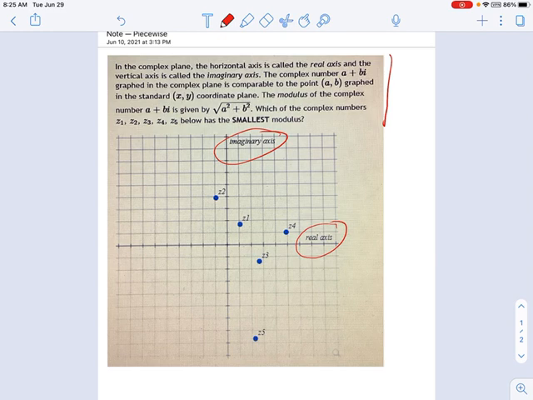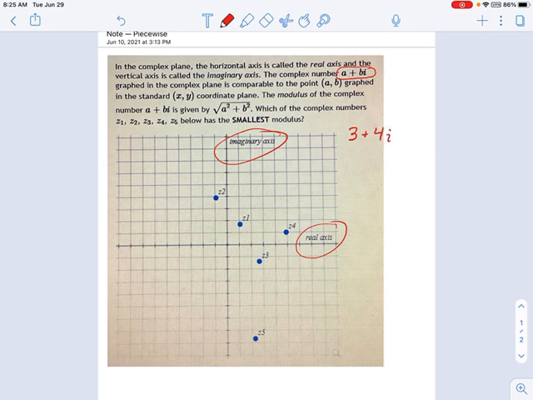And the complex number a plus bi, I'm going to circle that right here, is graphed in the complex plane comparable to the point (a, b). So in other words, let's say we have a complex number, 3 plus 4i.